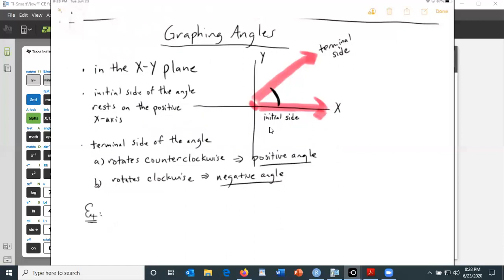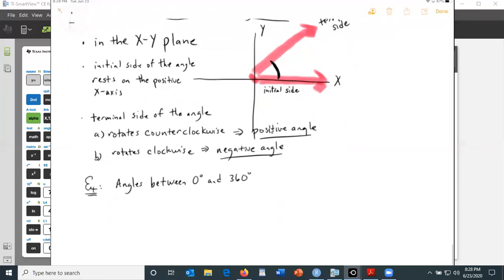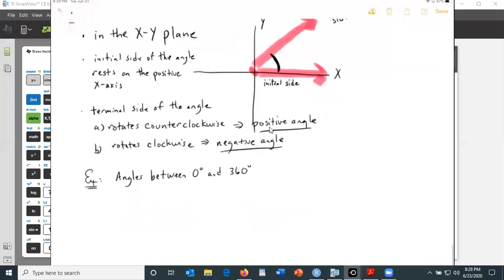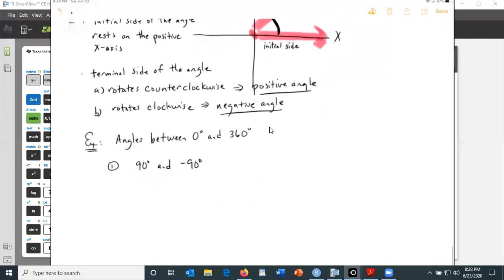All right, so for example, first we're going to look at angles between 0 degrees and 360 degrees. Because we know that angles between 0 and 360 are on a circle. 360 is the full circle, 0 is nothing. So how would we plot, let's say, 90 degrees and negative 90 degrees?